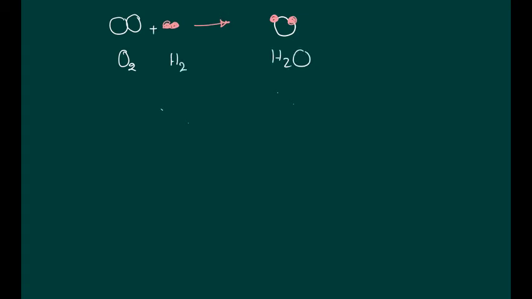We need to make sure that the equation is balanced. In order to balance the equation, we started with 2 oxygen, so I should draw another oxygen with 2 H, so making 2 water molecules. So I should write here 2. And for hydrogen, we have used here 4 hydrogen atoms, so I also need 2 more hydrogen to be added. This is a balanced chemical equation.